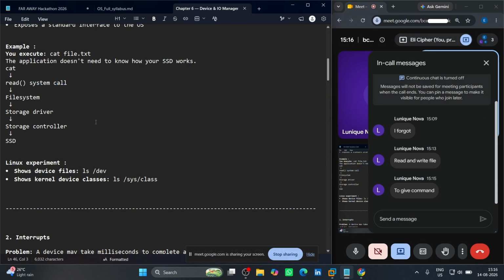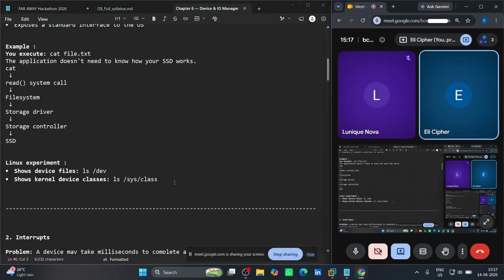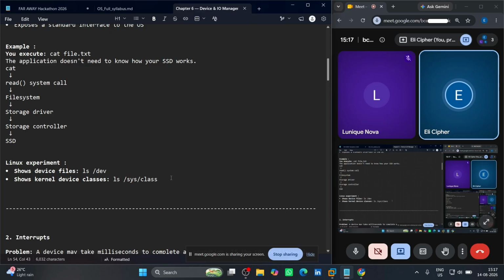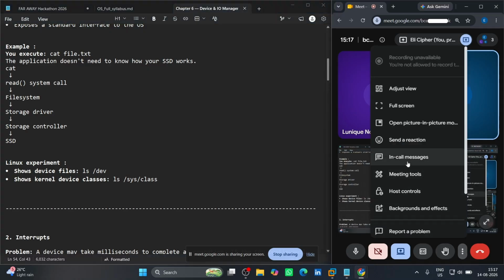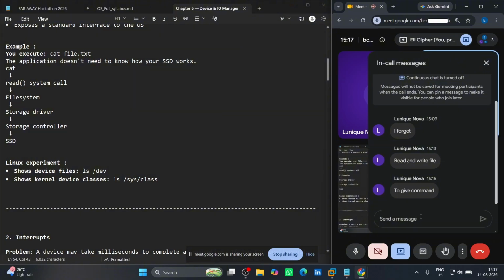Did you get it? You don't. Okay. Did you remember what is user space and kernel space? We have already studied that, right? What is user space and kernel space?